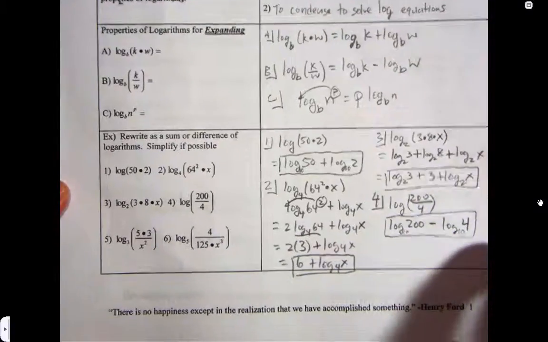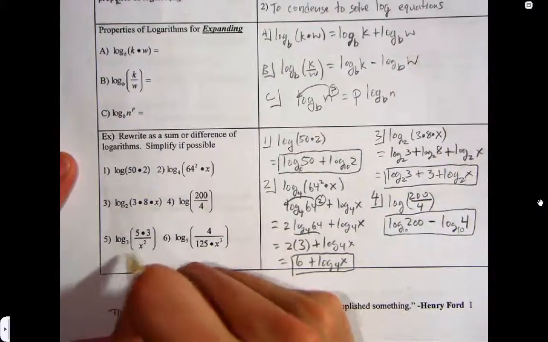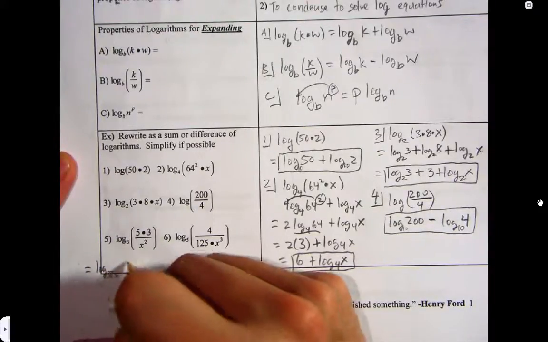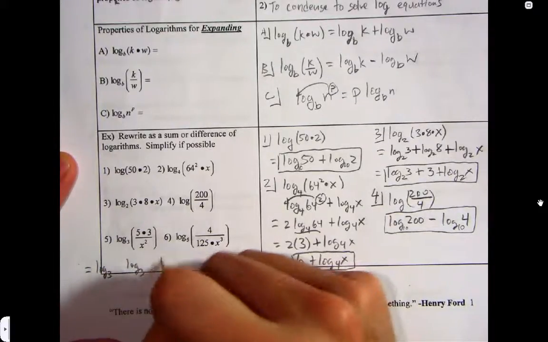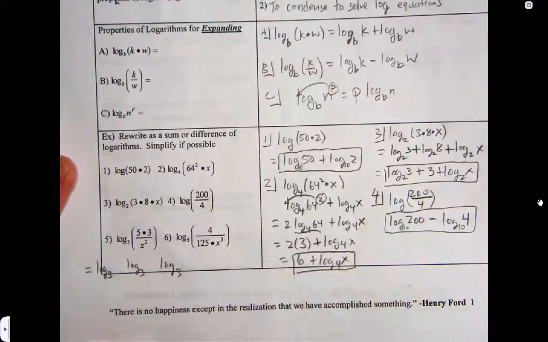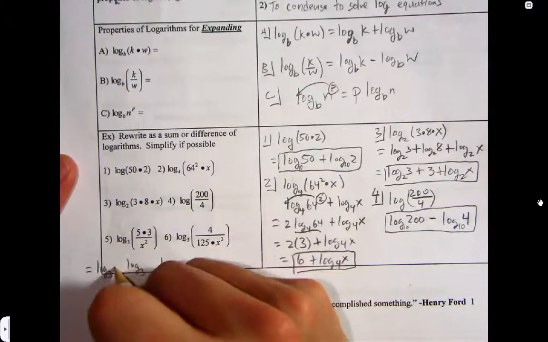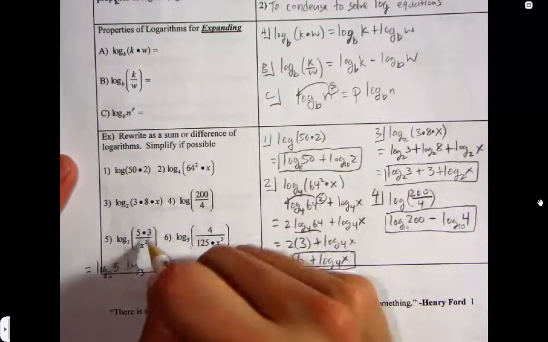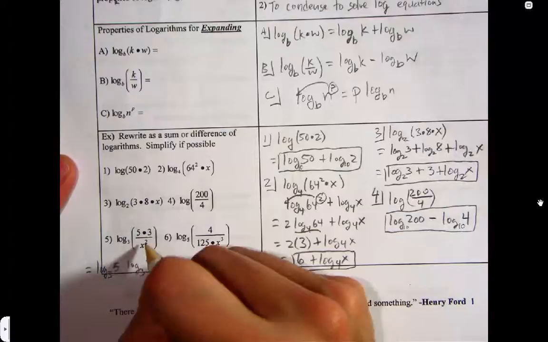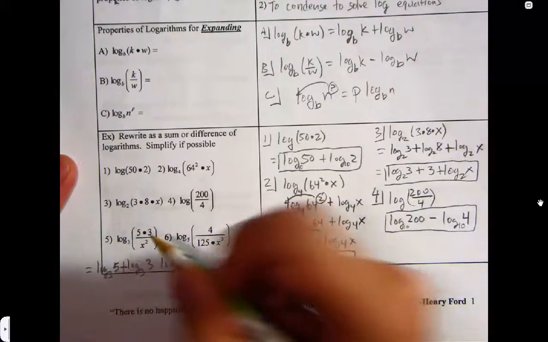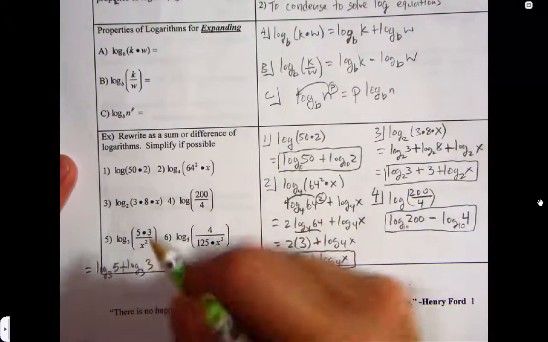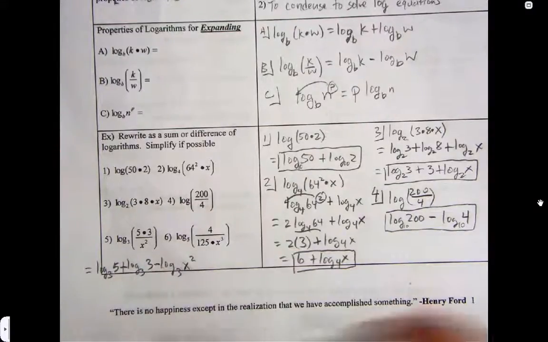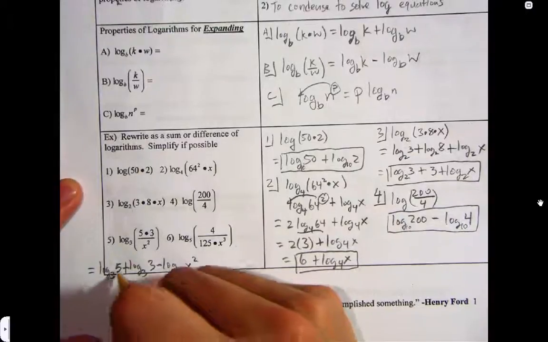Moving down to number 5. Just going to write it right under here. There's 3 numbers here. So when I expand, I have 3 logs. The first number is a 5. It's on top, so the log's positive. The second number is a 3, and it's on top, so it's positive because it's being multiplied. The last one's on bottom, and it's division, so I have to bring down a subtraction. 3 to the what gives you 5?